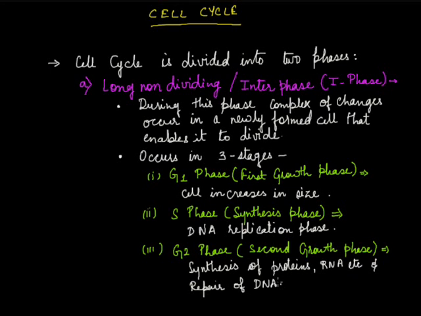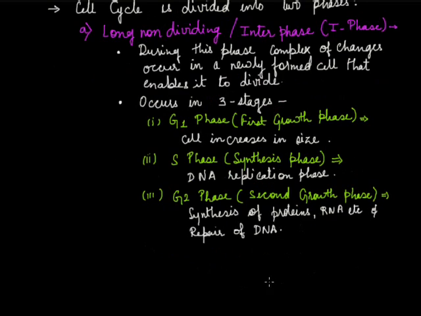Now, the second phase of the cell cycle is the short dividing phase. It is also known as the M phase, or the multiplication phase.